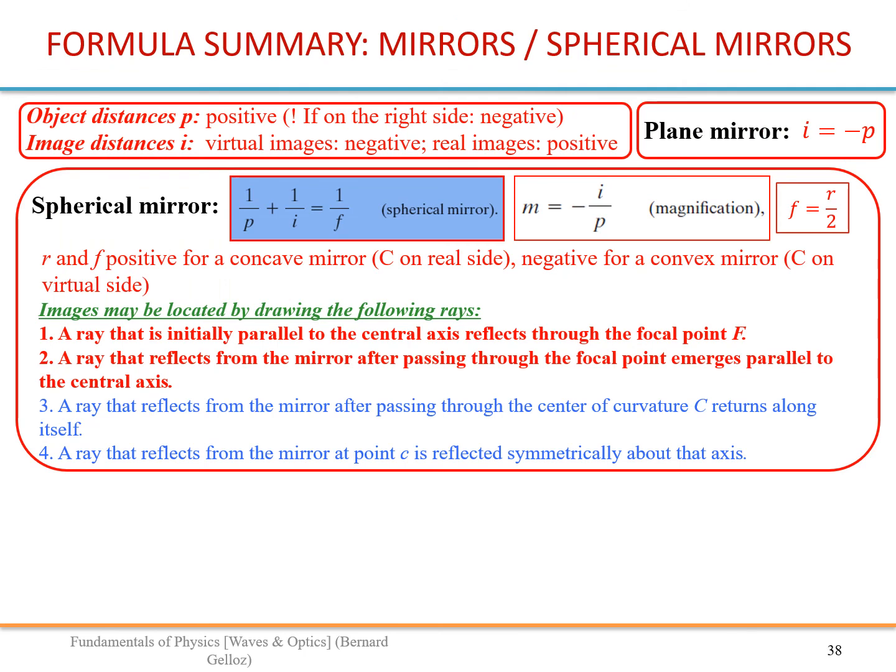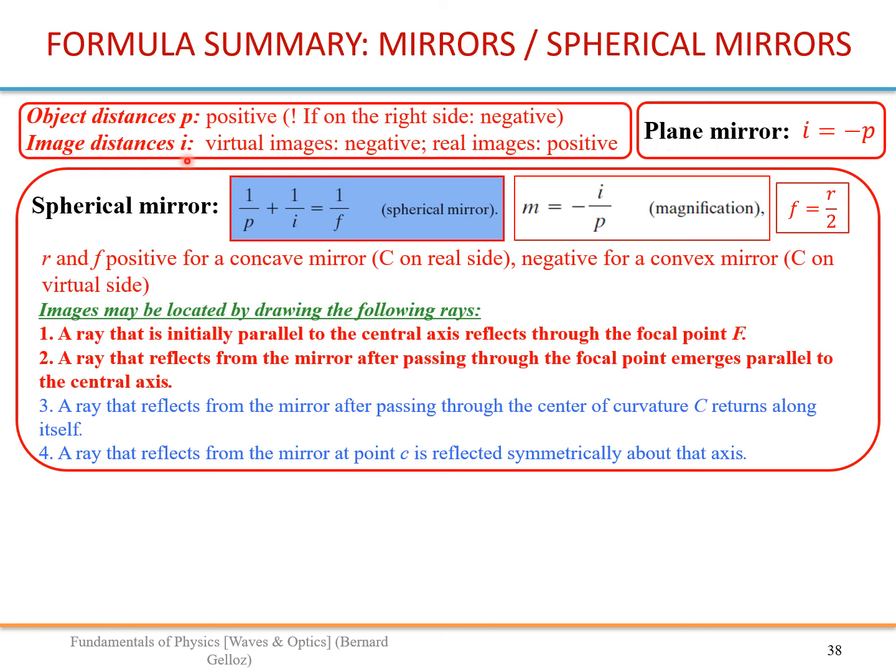This is a formula summary for mirrors, for plane mirrors and spherical mirrors. Object distances are usually represented as p, and they are positive as long as they are on the left side of the mirror.